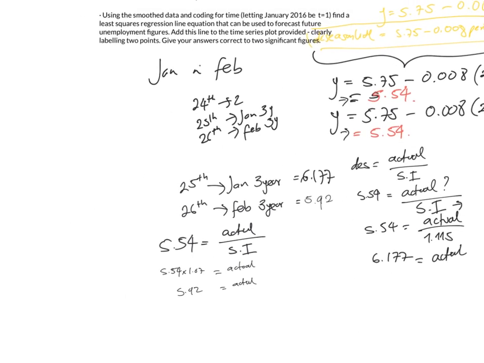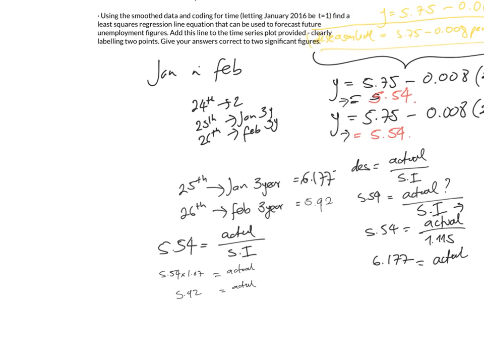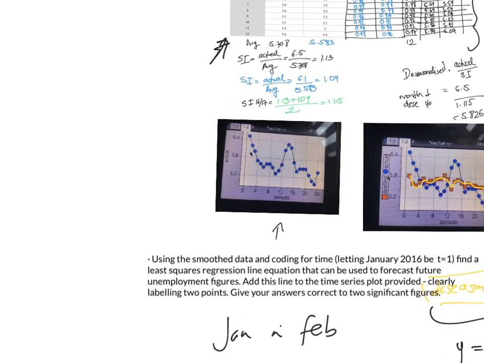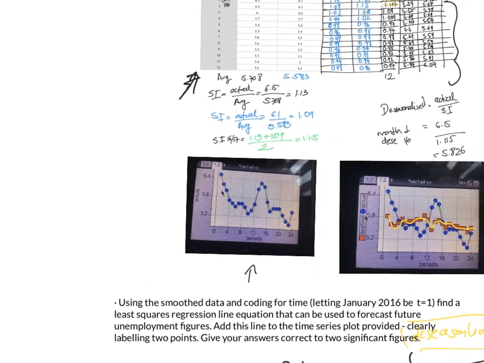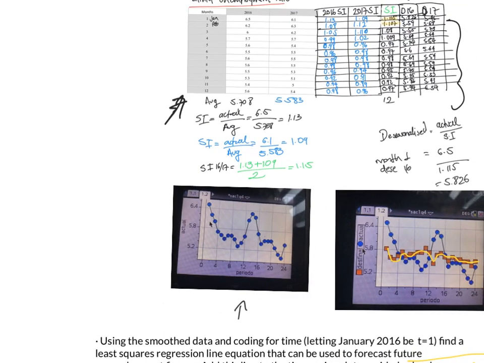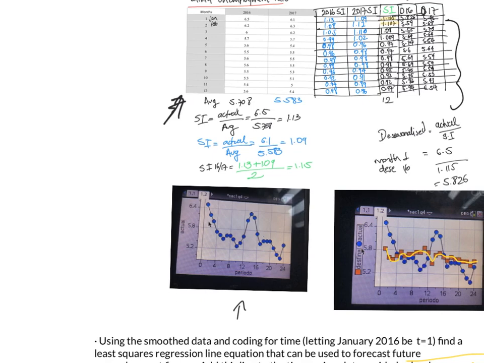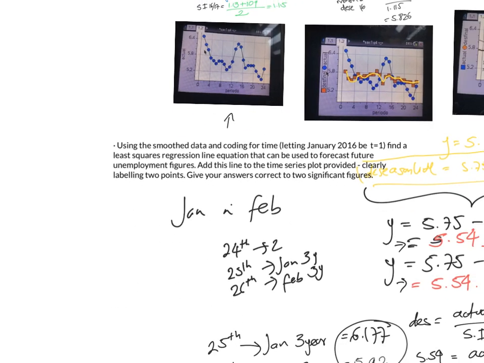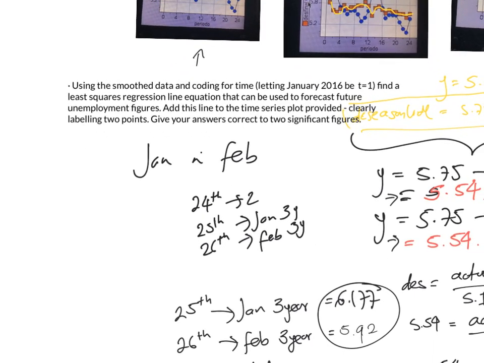So now what we can see is that if we look at these two values and at our table, by 2018 in January, we got from the start in 2016 6.5, then 6.1, then we're going to have 6.177.